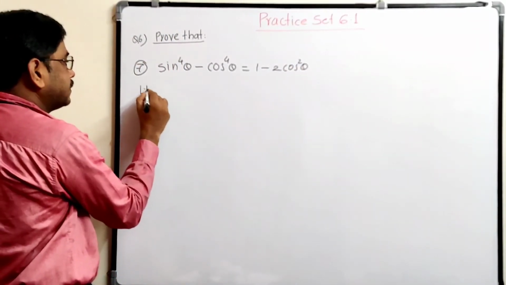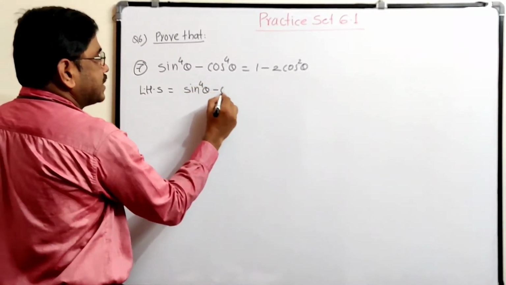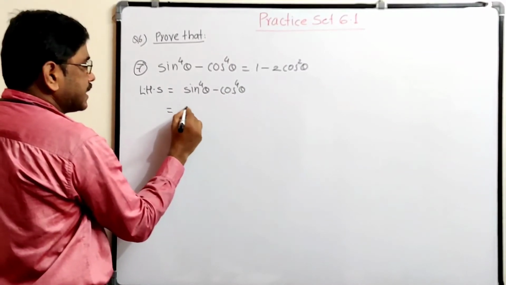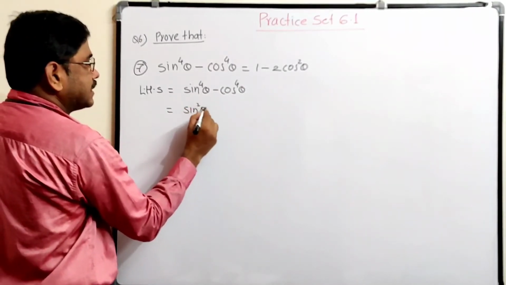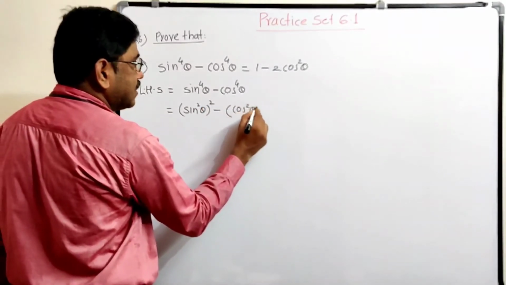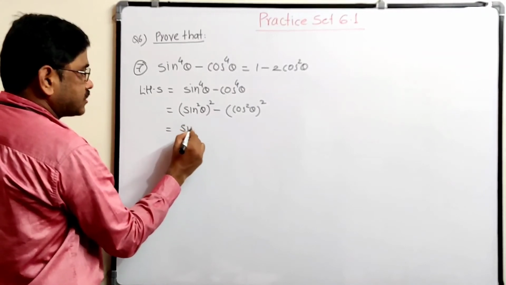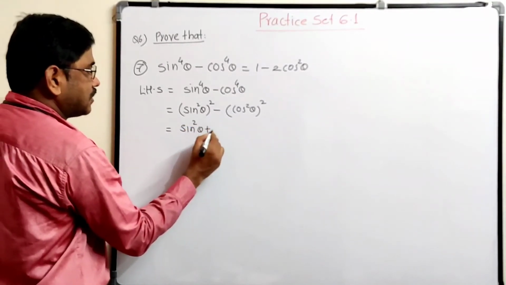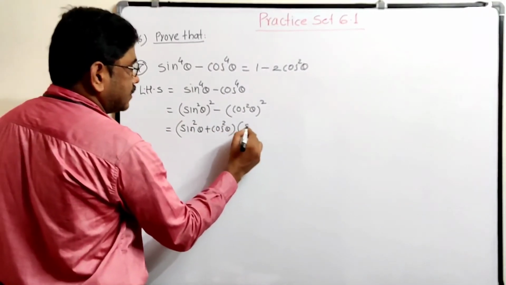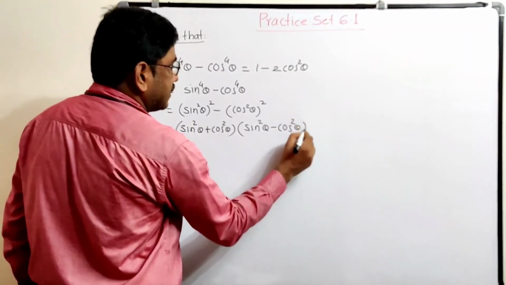So left hand side: sin raised to 4 theta minus cos raised to 4 theta. So this becomes sin square theta bracket square minus cos square theta bracket square, by laws of indices. So here a square minus b square: sin square theta plus cos square theta, in another bracket sin square theta minus cos square theta.